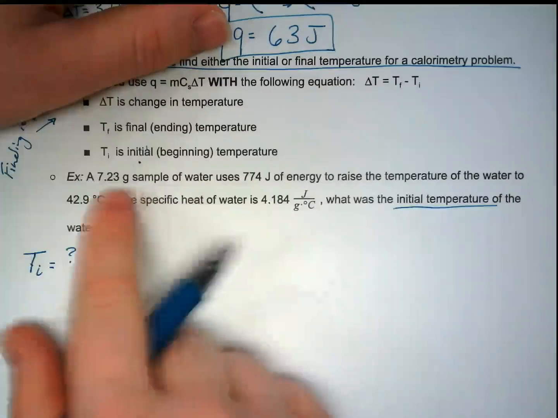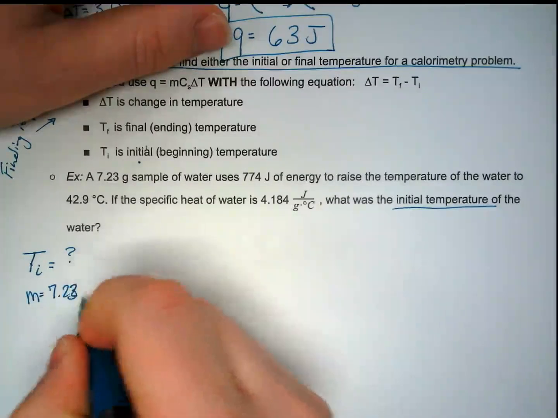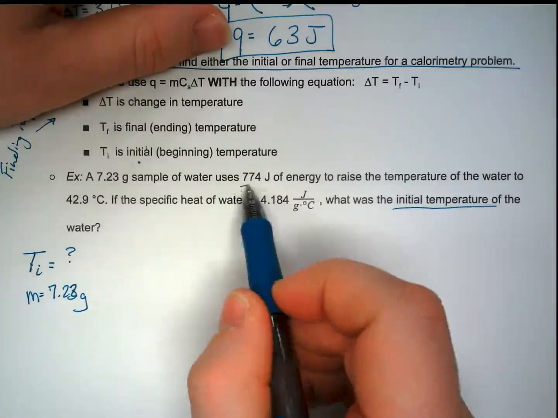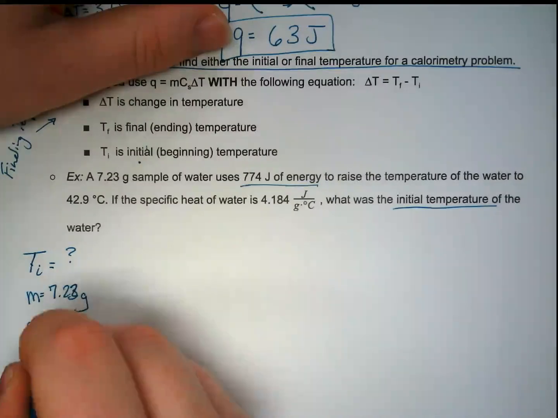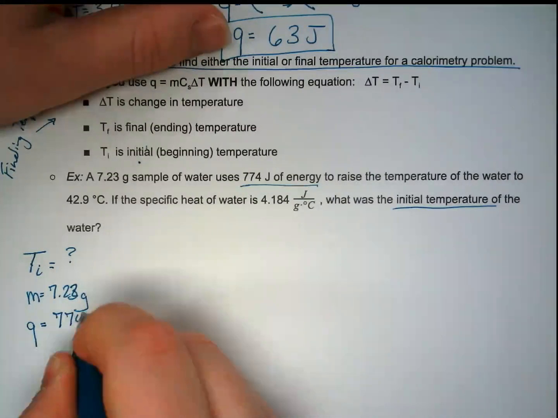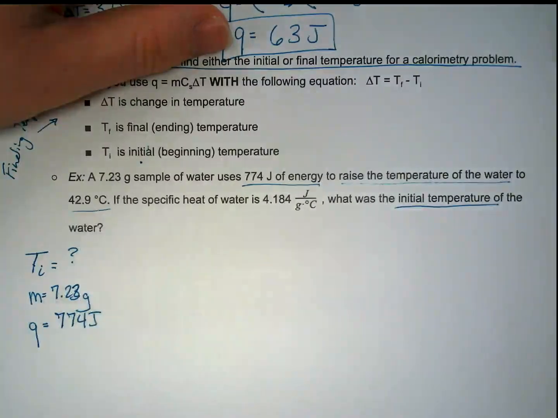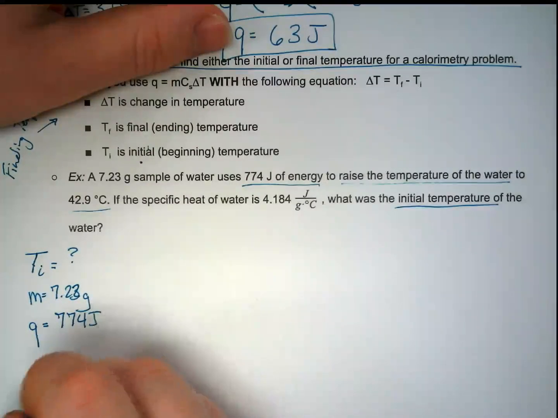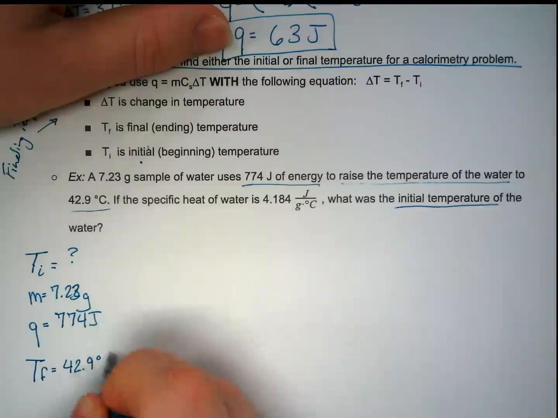What else do we have? We've got the mass of our sample, which is 7.23 grams of water, and it uses 774 joules of energy, so that must be our heat energy, our Q. To raise the temperature of the water to 42.9 degrees Celsius, this would be after the experiment, so our final temperature, T sub F, is 42.9 degrees Celsius.